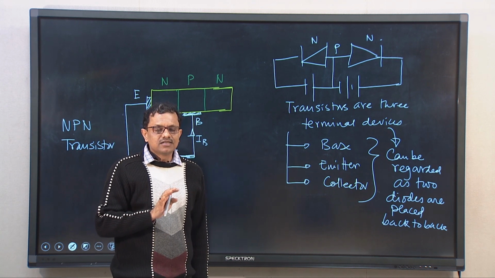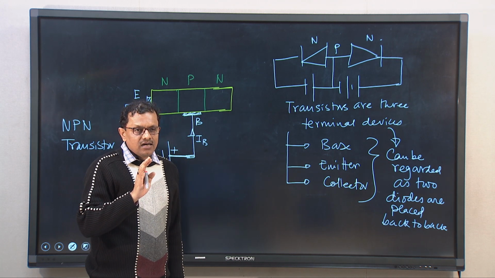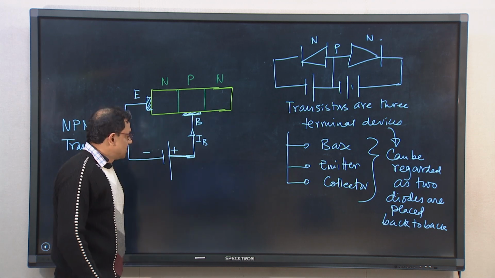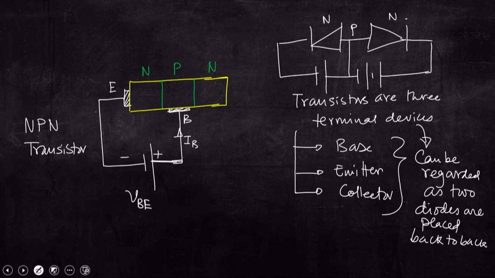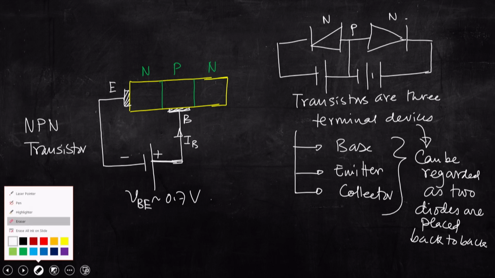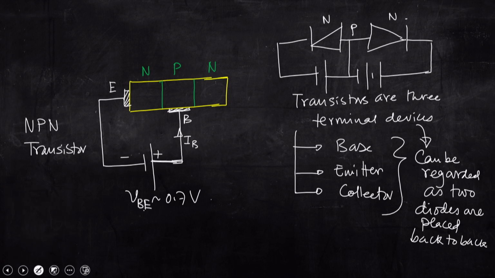but this current will not flow until a small voltage, the cutoff voltage VBE, that is 0.7 volt, is provided. So, that is the cutoff that we have studied in our basic electronics course. So, this 0.7 volt is needed, and again this is for silicon semiconductor.